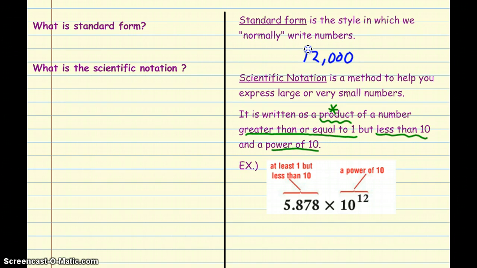So if we look at this example, we have 5.878. This number right here is greater than or equal to 1, but it's also less than 10, times, so that's showing our product. We have 10. We just talked about powers of 10 with the last lesson, to some exponent. So in this case, our exponent is 12.